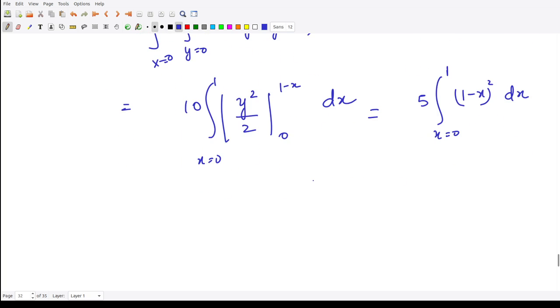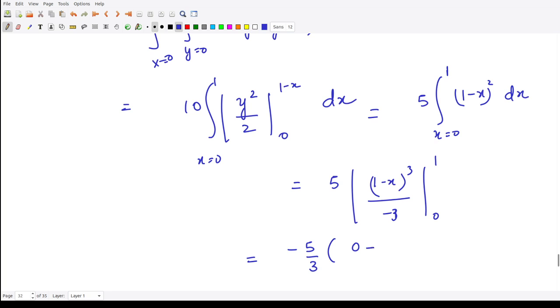When you perform this integration, it would be 1 minus x whole cube divided by minus 3 in fact, and the limits of integration vary from 0 to 1. So you have minus 5 upon 3, and when you substitute the limits, it would be 0 minus 1. So the final answer is 5 by 3.